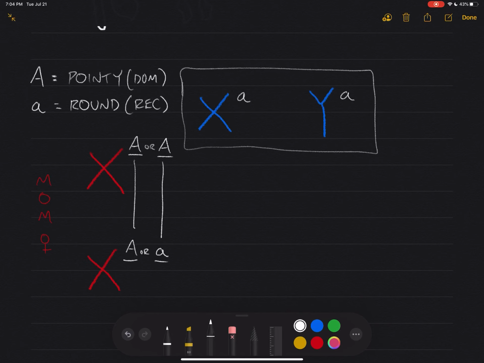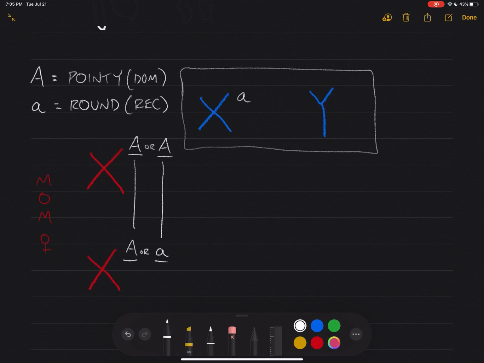I don't really understand what would happen for a male here. I guess the Y chromosome is potentially blank. I'm not really sure how that works.